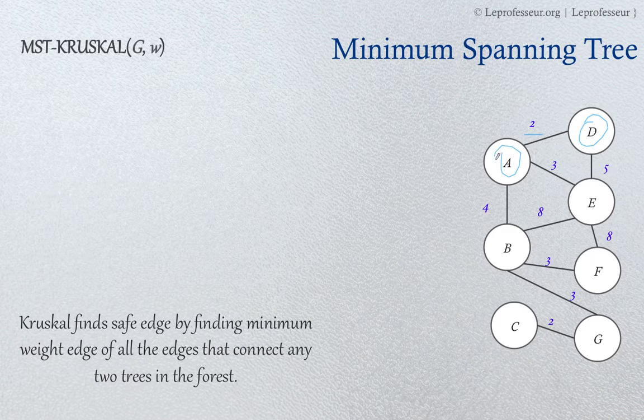If they belong to the same tree, it means they might form a cycle and that edge is not safe to add. However, if they do not belong to the same tree, it means we can safely add that edge to our set of edges for the minimum spanning tree.